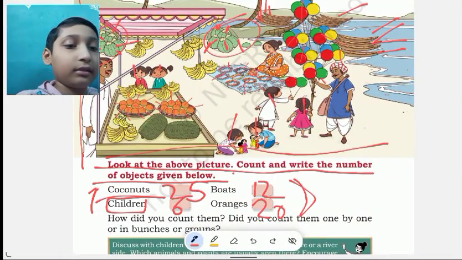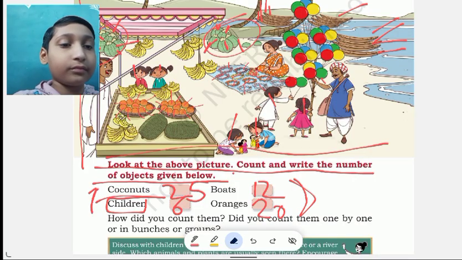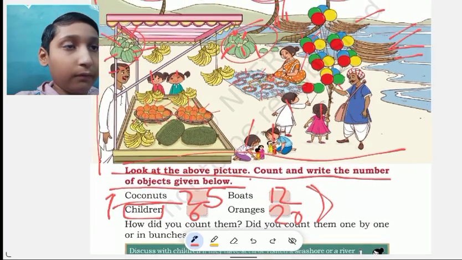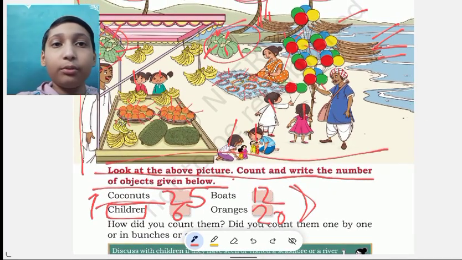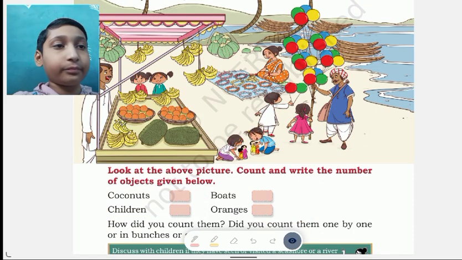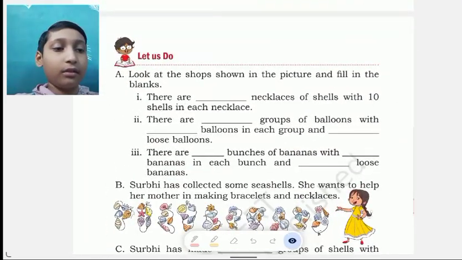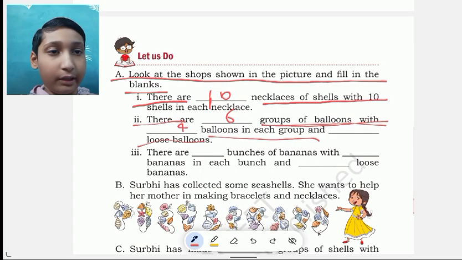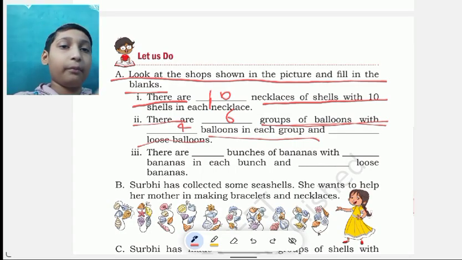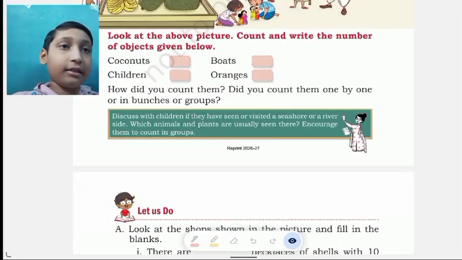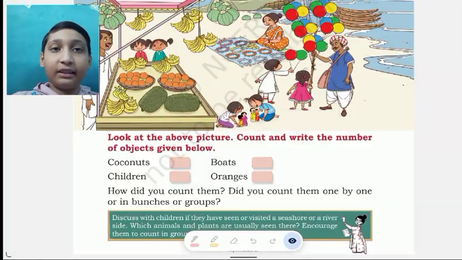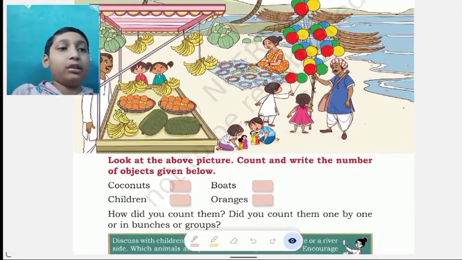And now groups of balloons with dash balloons, meaning how many balloons there are in one group of balloons. We can see that there are one, two, three, four balloons. So there are 4 balloons in each group of balloons. Then and dash loose balloons, which can't be in these 6 groups of 4 balloons.